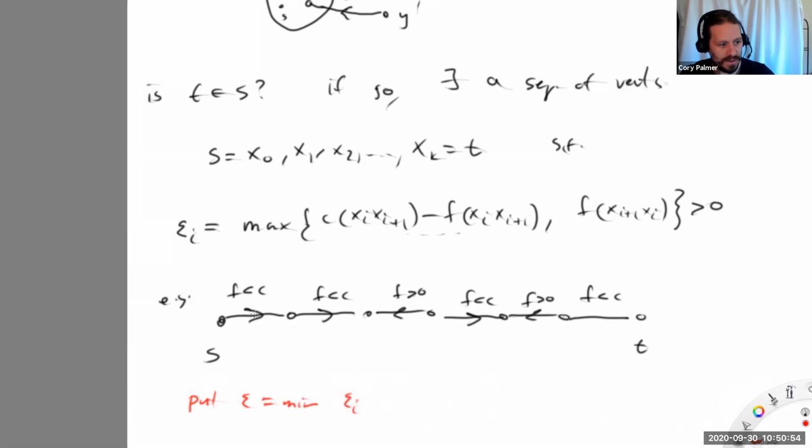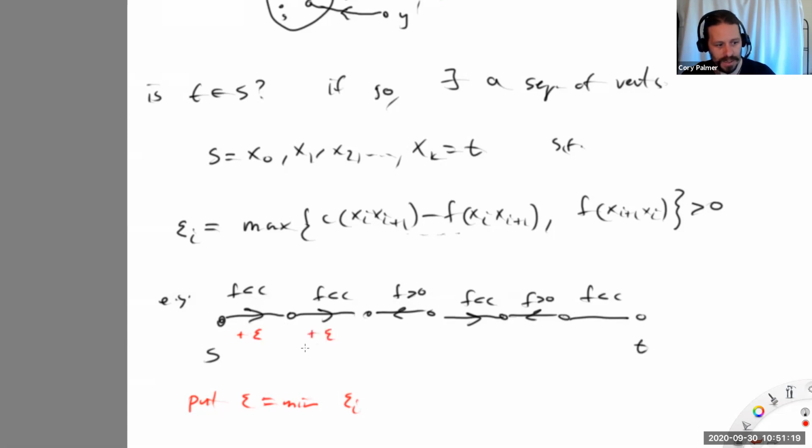So each of these edges has an associated gap between F and C, some small epsilon. Just choose the smallest of all of those. And I'm going to update my flow as follows. There's a flow on this edge from here to here. I'm going to add to this flow epsilon. Okay, I'm adding epsilon to that flow. It still satisfies the capacity law because epsilon was at most the size of the gap between those two.